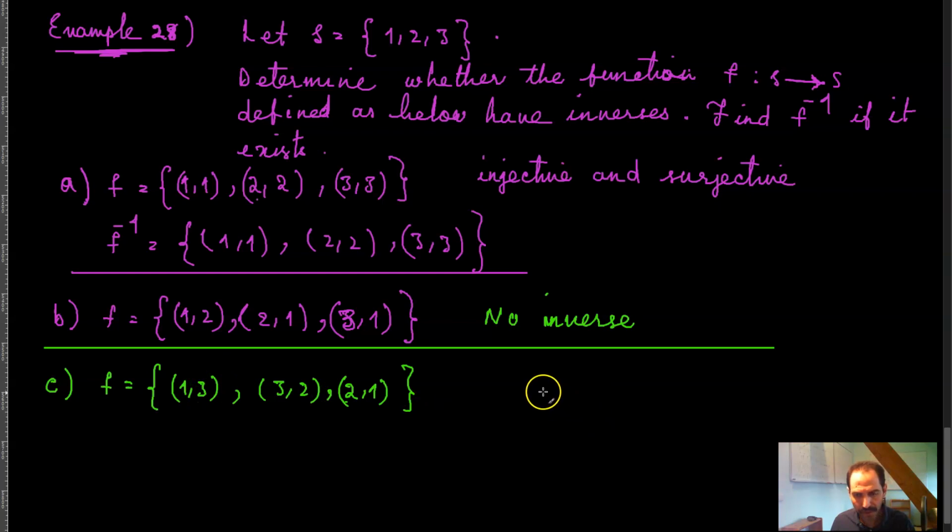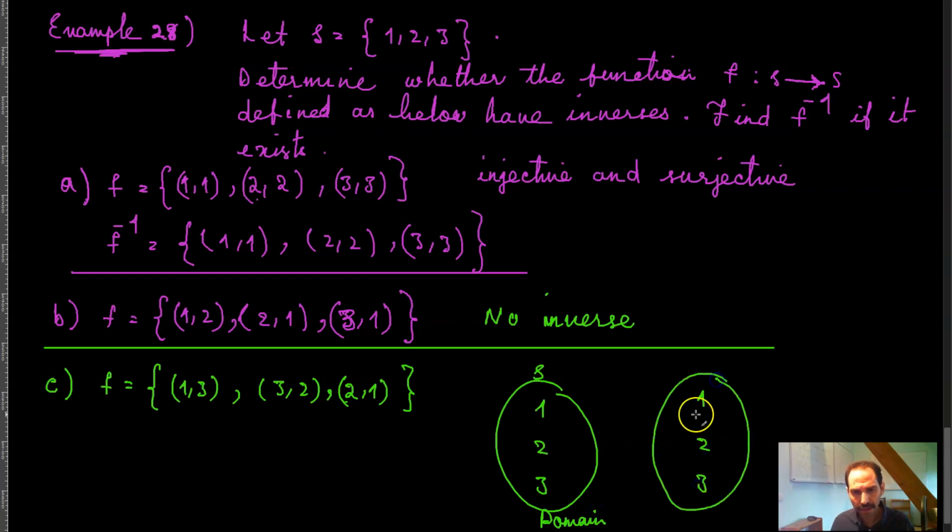You can write over here 1, 2, and 3, and this is S, your domain. And then you have 1, 2, and 3 again, and this 3, this 2, and this 1 are these 1, 2, and 3 over here.